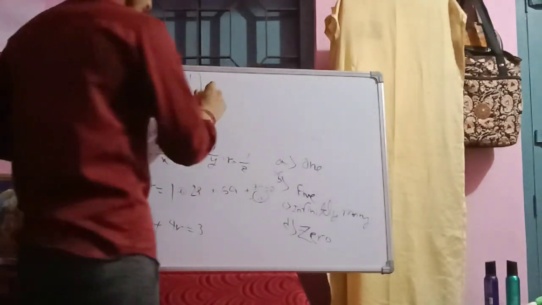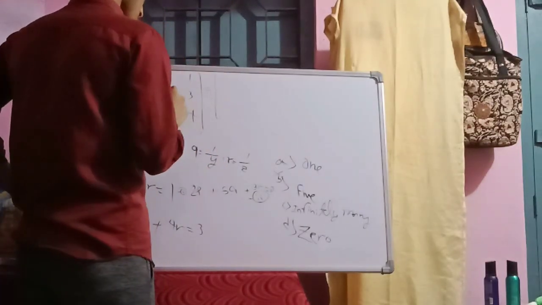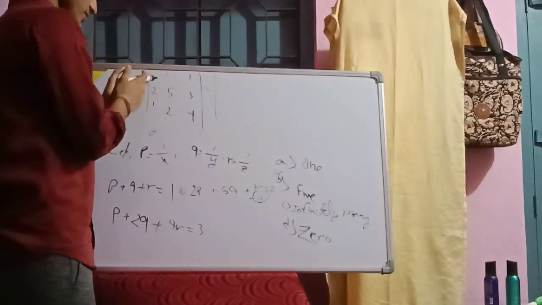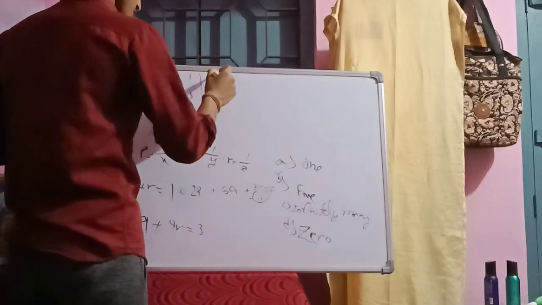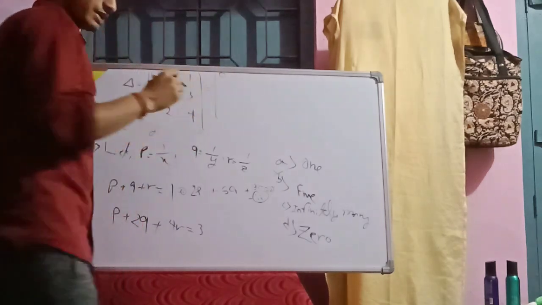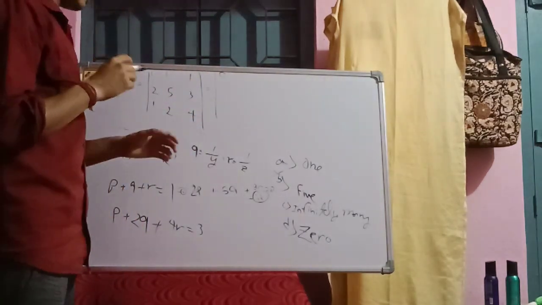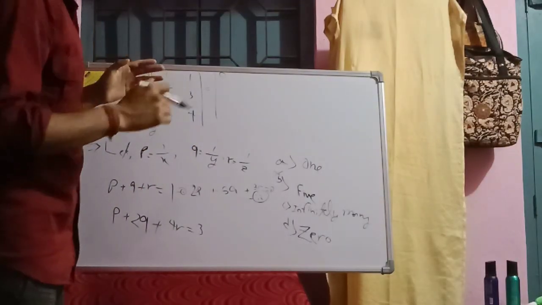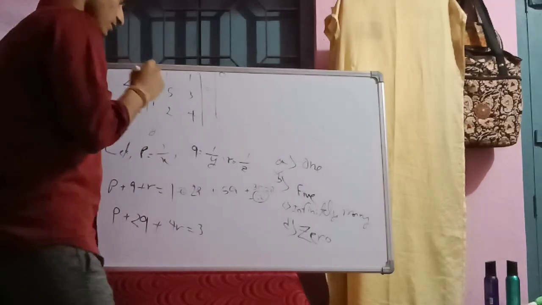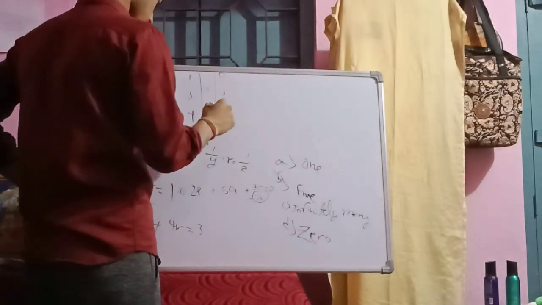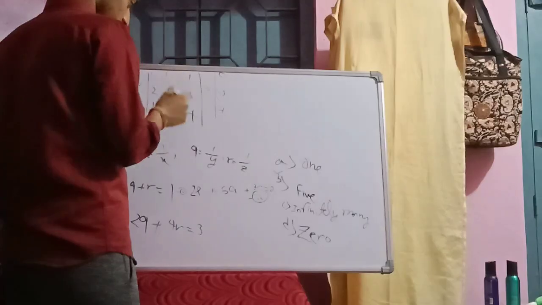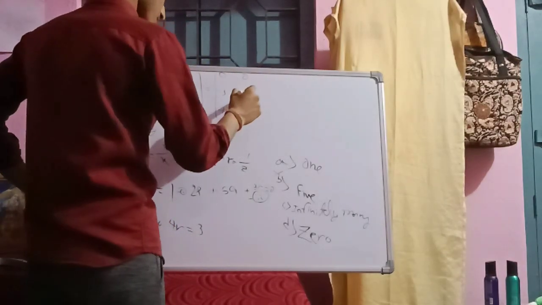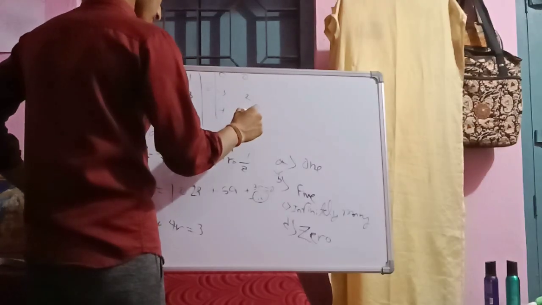Okay, now let us simplify this. You can subtract the second row from the first one, so here it is 0, then minus 3, minus 1. We will do the same here: subtract the first row from the third, going from 0 to minus 2.